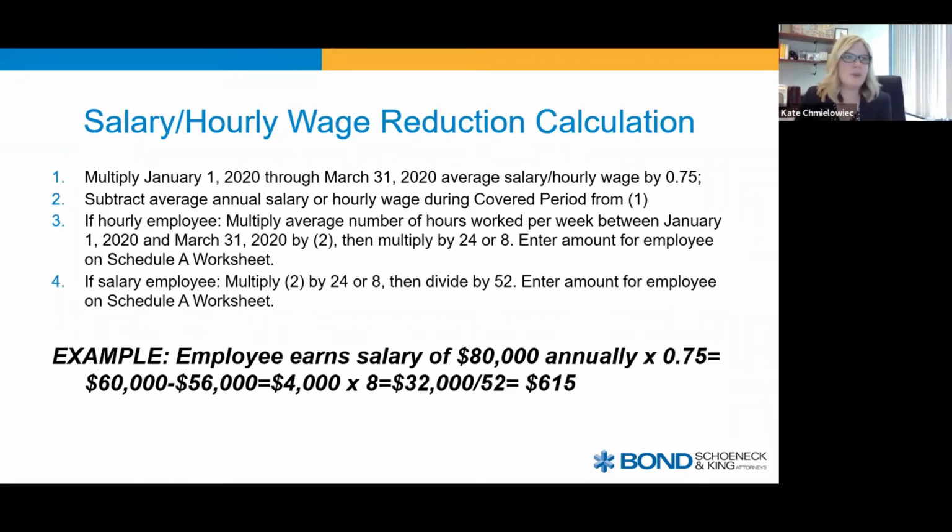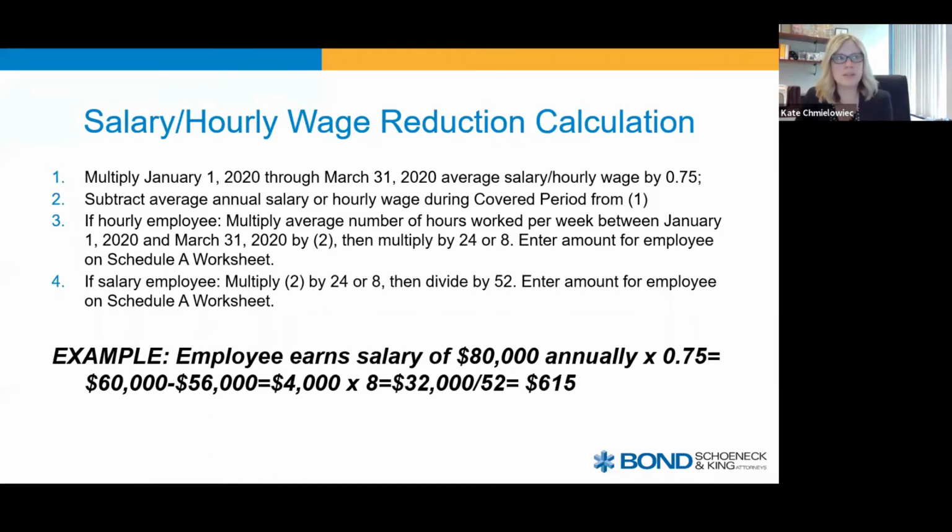So here at the bottom, you can see that the average salary was $80,000 times 0.75 equals $60,000. And then you're going to subtract that $60,000 from the salary or hourly wage during the covered period. So here it's going to be 60 minus 56, which is what they were cut to, which equals 4.